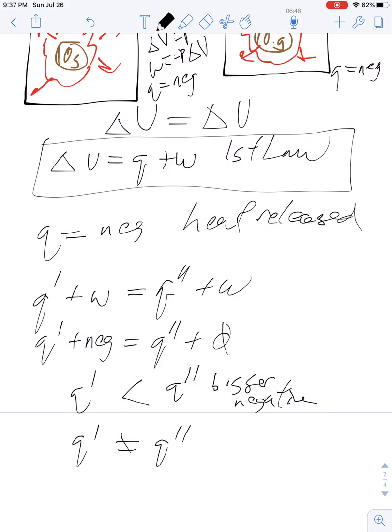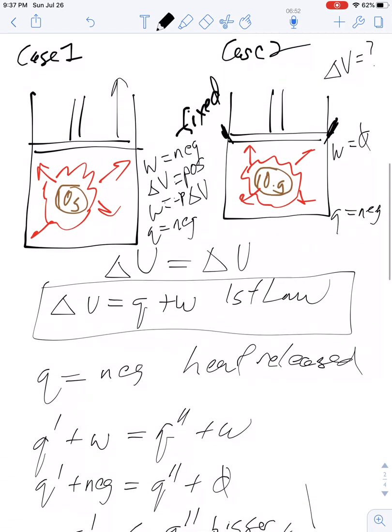In case 1, where the piston is allowed to move up and down, the pressure is constant, because if the pressure starts to go up, the piston goes up to relieve the pressure. In case 2, what happens to the pressure? The pressure goes up greatly. In fact, case 2 is called a bomb calorimeter. Why? Because if the piston is fixed, sometimes the calorimeter accidentally blew itself apart because the pressure got too high.